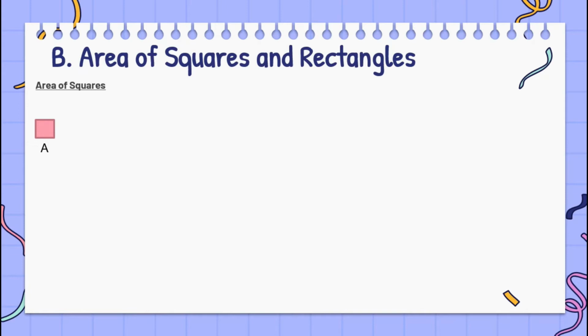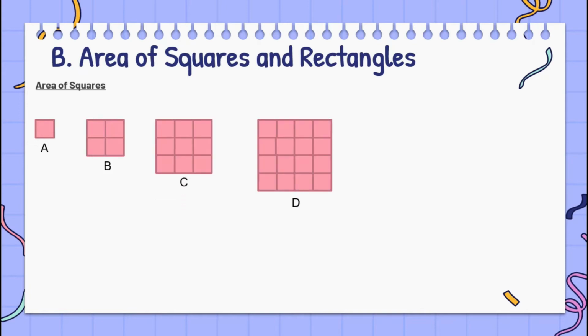Example, A, B, C, D. We can see the square B: length 2, breadth also 2. The C: length equals 3, breadth also 3. And the D: length 4, breadth also 4.